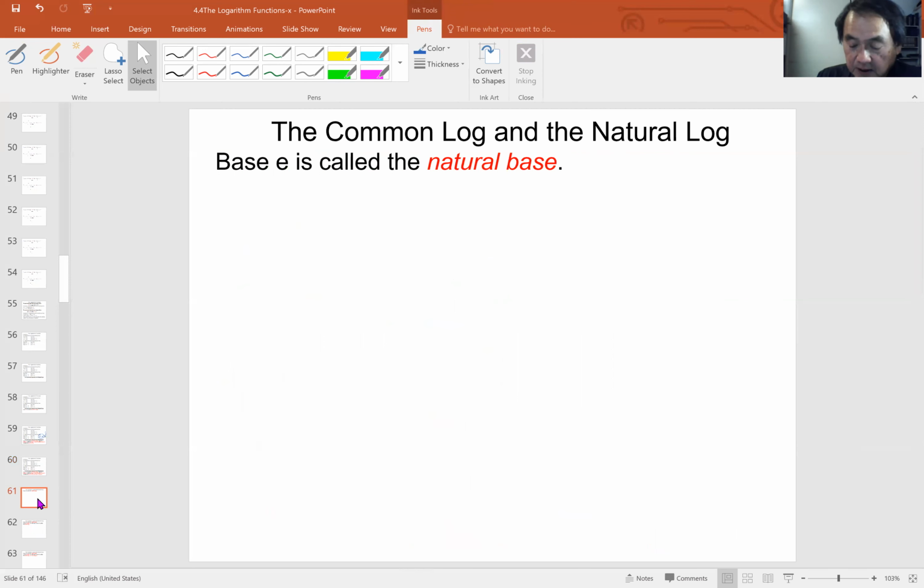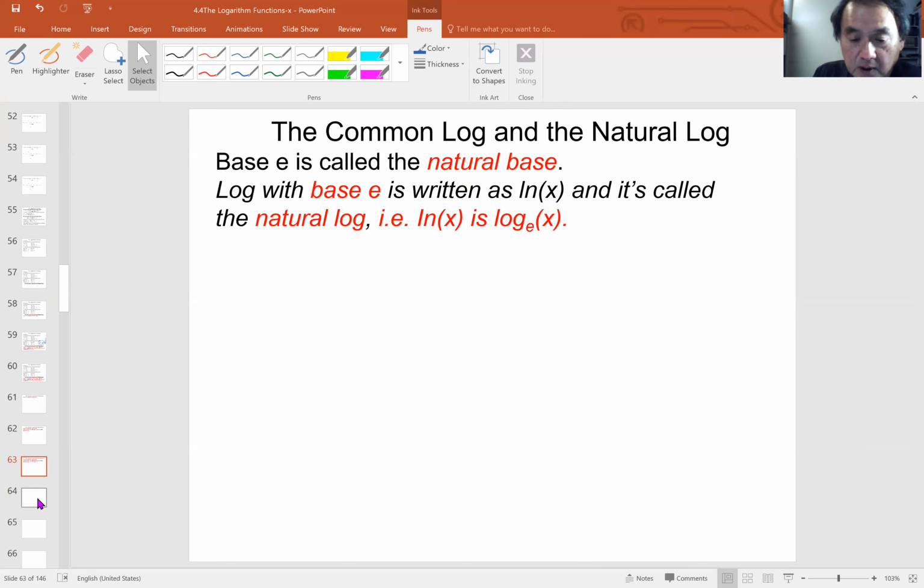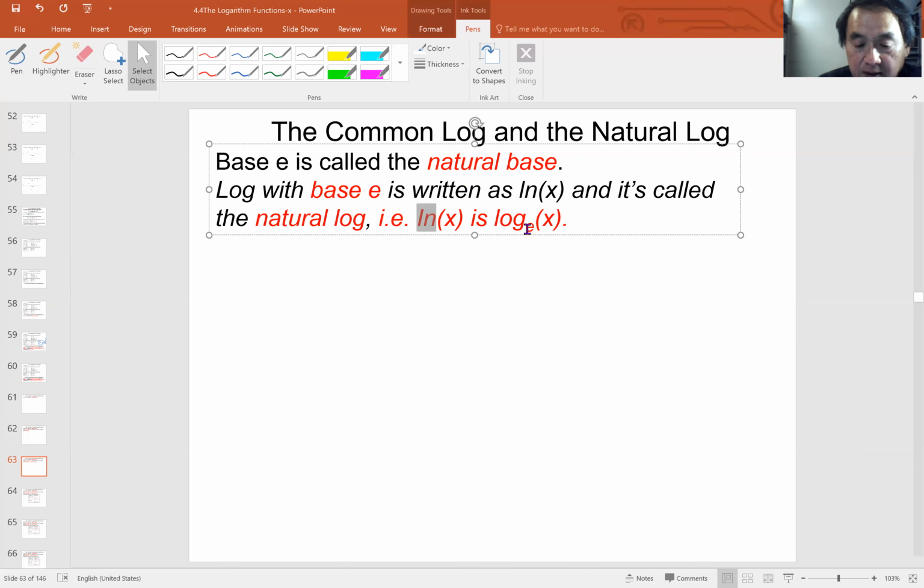The other base, of course, is base e, remember the Pert formula for continuous compound interest, and that's used a lot. That we write as the natural log, Ln. So Ln is the same thing as log with base e.